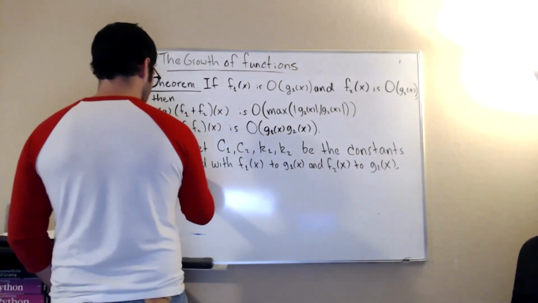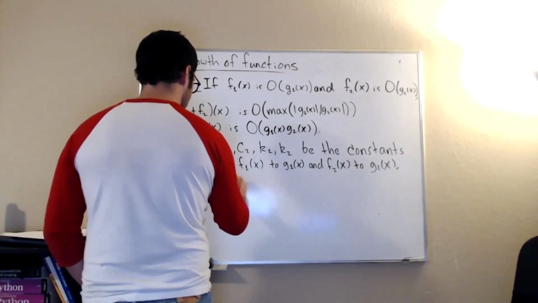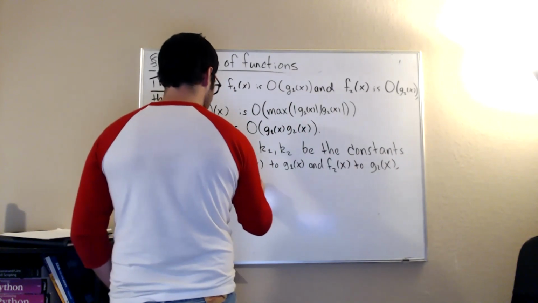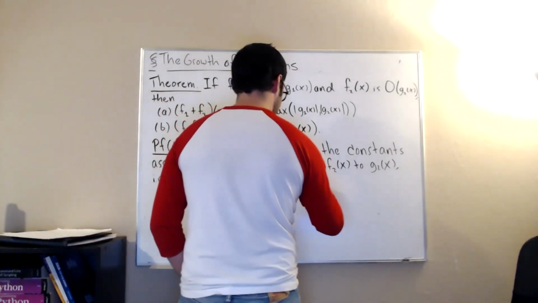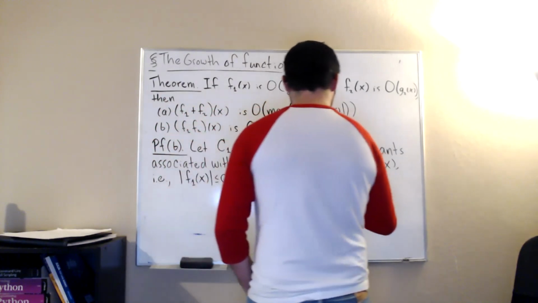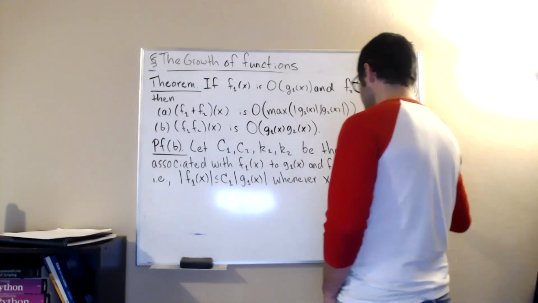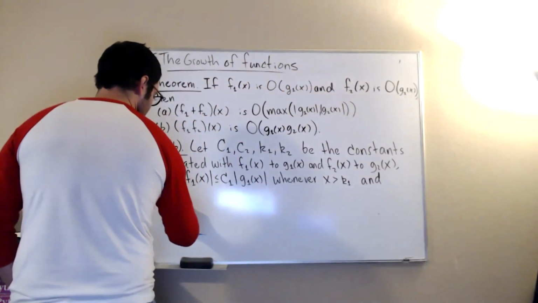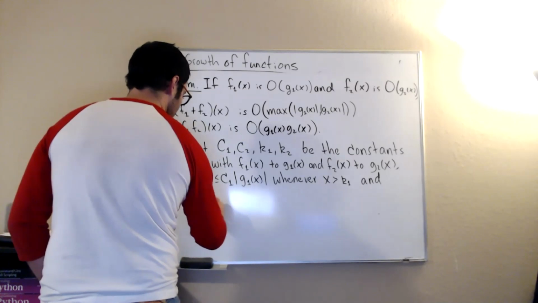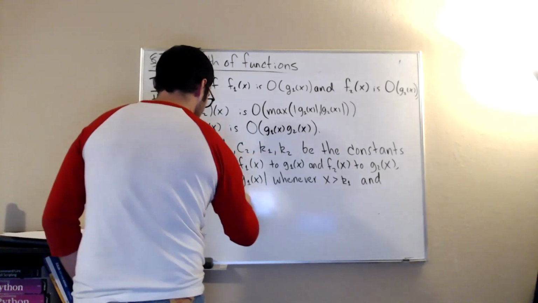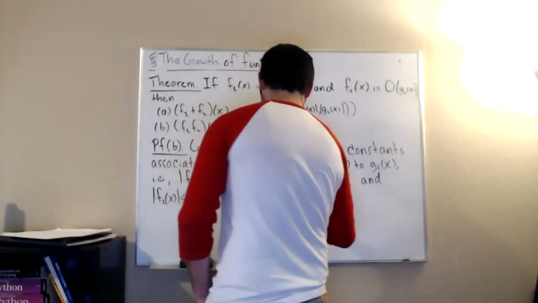i.e. the absolute value of f1 of x is at most C1 times the absolute value of g1 of x whenever x is greater than K1, and the absolute value of f2 of x is at most C2 times the absolute value of g2 of x whenever x is greater than K2.